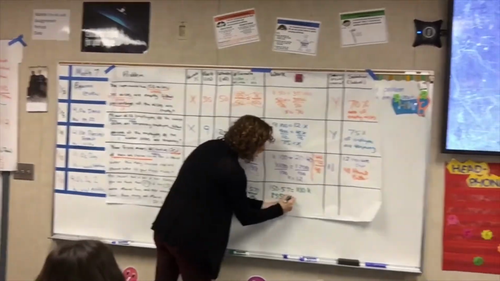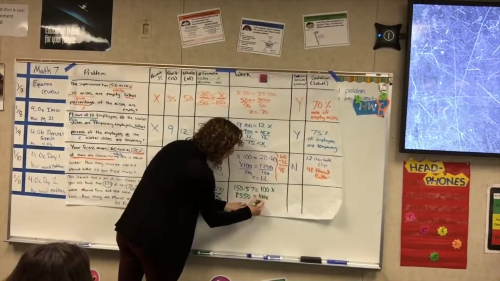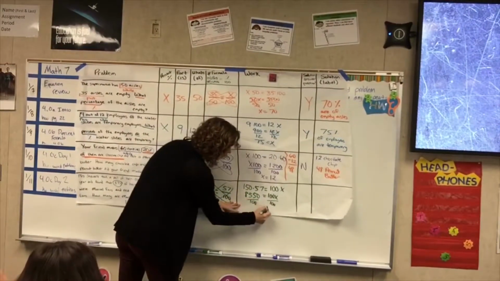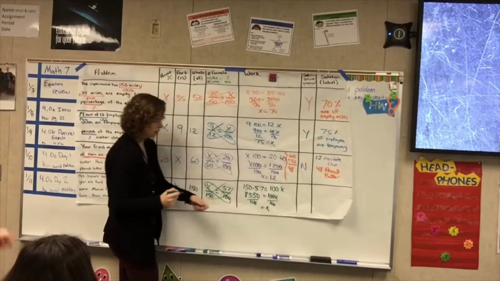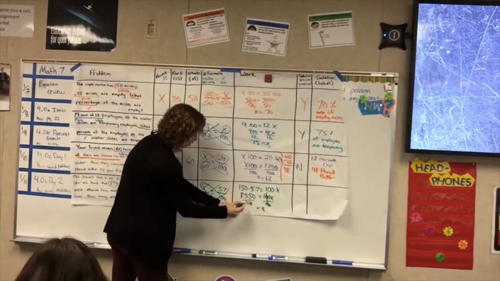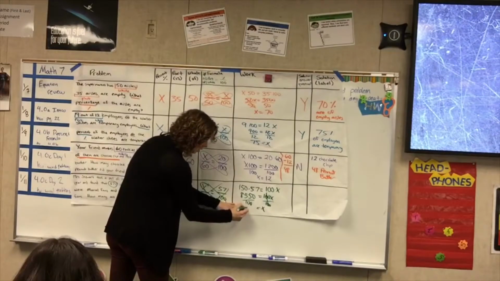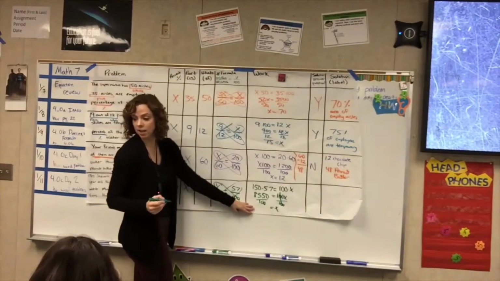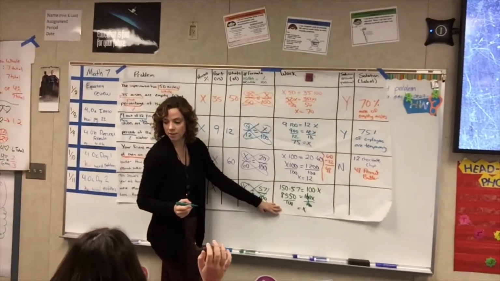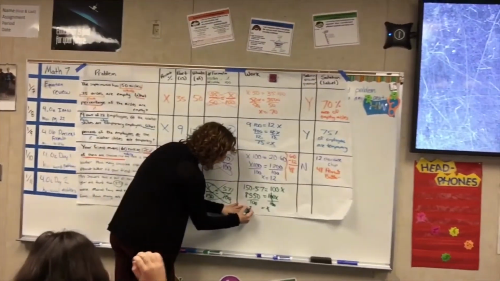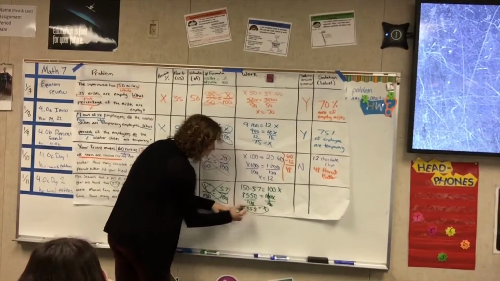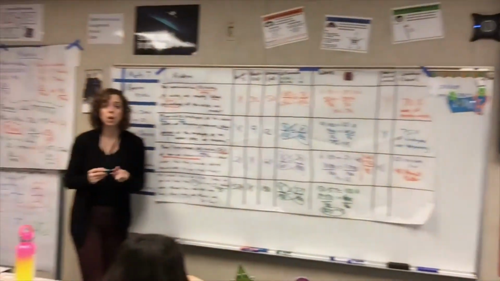Good. And then if we divide by 100, the 100 and 100 cancel, so it's just X. So divide. If we move the decimal 2 places over, we're going to get 85.5. There you go.